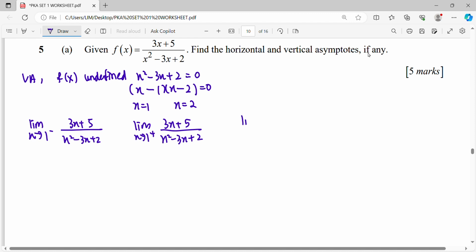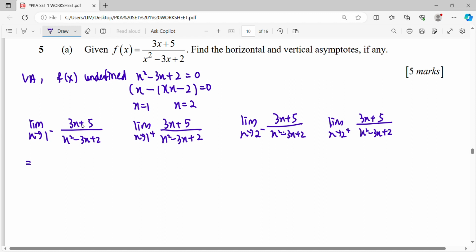For another point, x approaches 2 from the left hand side, and x approaches 2 from the right hand side. So how to do this? We will try to substitute the value first.